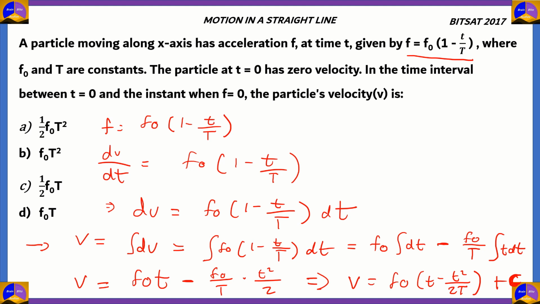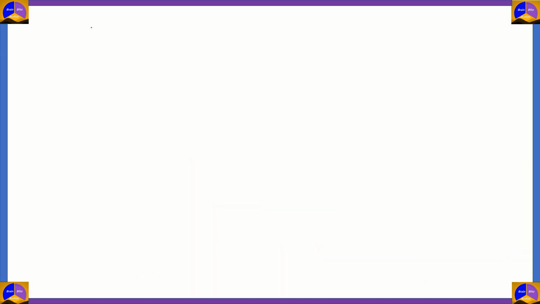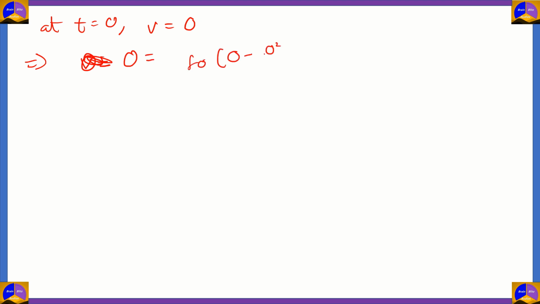And what we're going to do is apply the condition that the particle at t equals 0 has 0 velocity. So that means at t equals 0, the velocity v is also equal to 0. When you put those values, you get 0 equals f naught times 0 minus 0 squared divided by 2T, plus c.